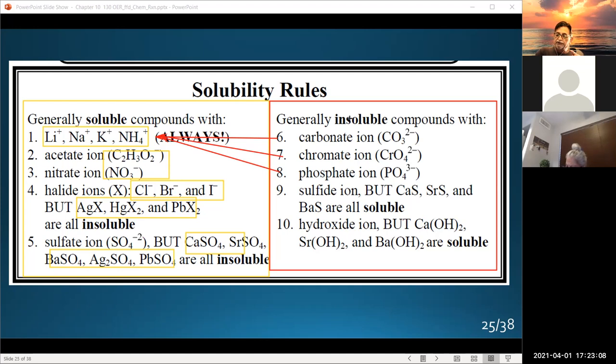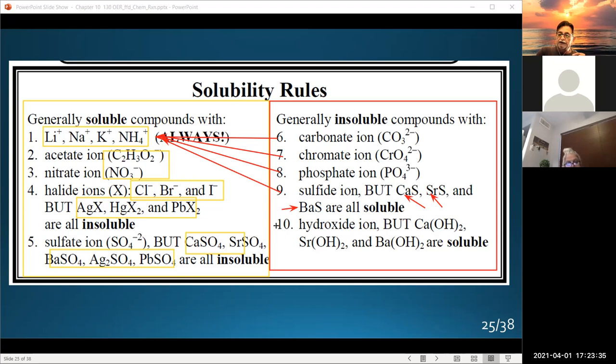Normally, 100% of the time they're insoluble, except if they're bonded to the big four, or to calcium, strontium, or barium. So there are only 7 examples of sulfides that are soluble. All the other examples are insoluble.